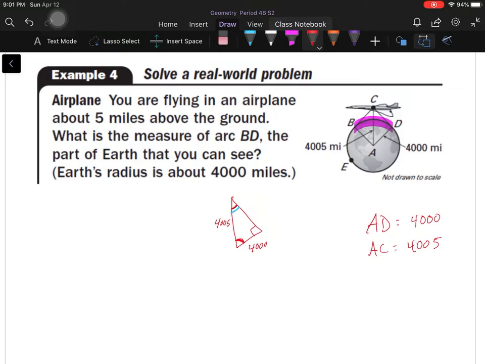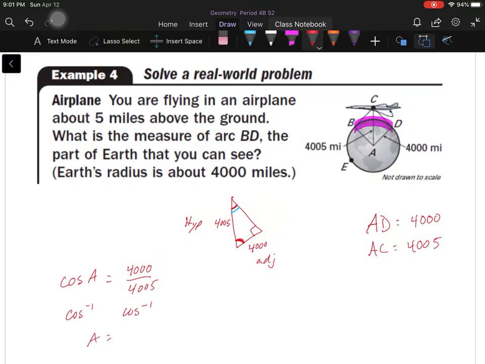So if 4,000 is adjacent and 4,005 is the hypotenuse, that tells me I need to use cosine. So cosine of the angle equals adjacent over hypotenuse. Anytime I'm trying to solve for an angle, I've got to use inverse.